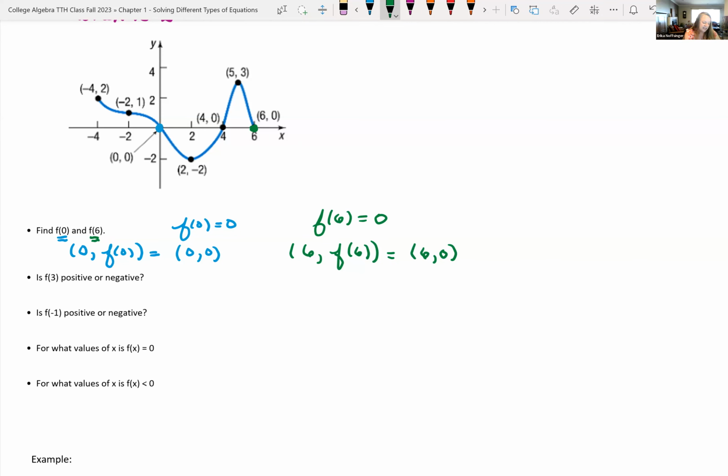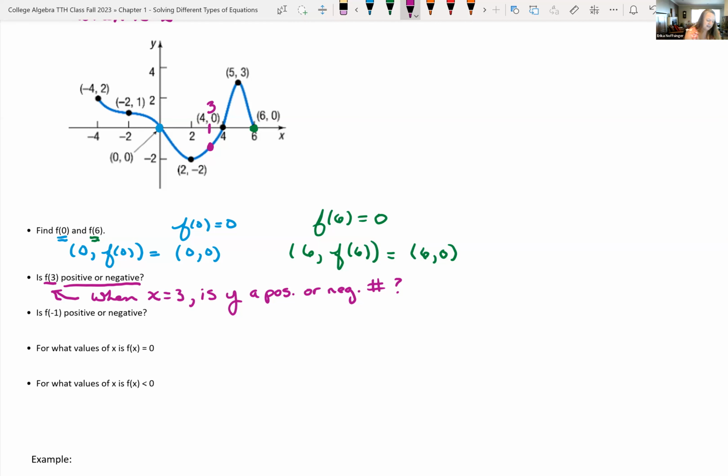Next, we want to know, is f of 3 positive or negative? So we're looking at when x equals 3, is y a positive or negative number? When x is 3, going down on my graph and seeing where my point is, I notice that my point is below the x-axis.